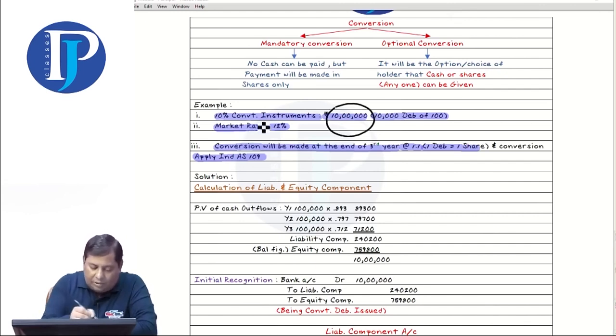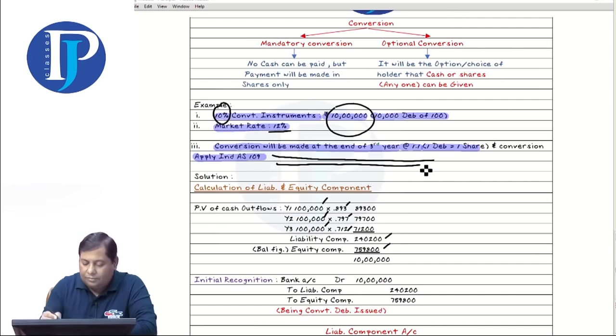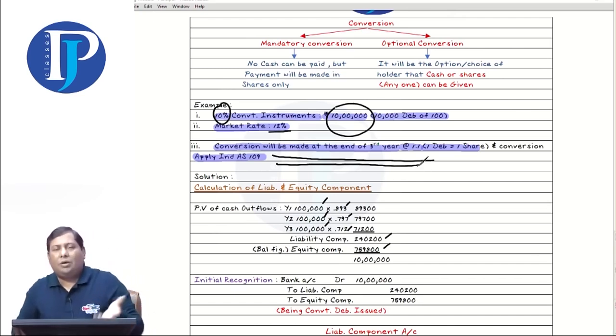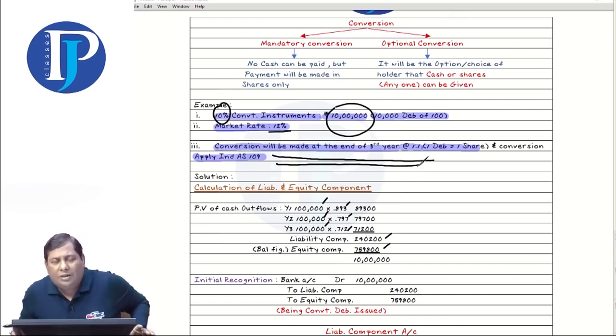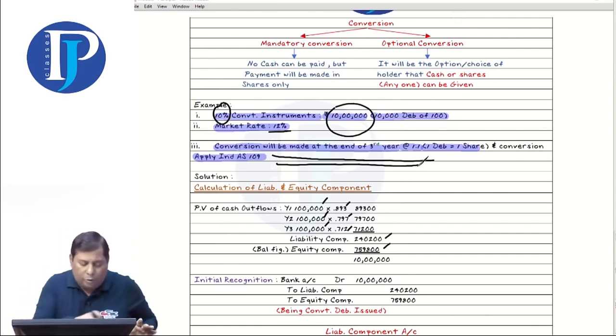So 10 lakh rupees at 10% is 1 lakh for the first, second and third year. And we discounted it at 12%. Here we have its liability and equity component. And optional conversion is not mentioned. If it is not optional conversion, we have taken it as mandatory conversion, as optional is not given. We can give cash and shares, but conversion is mandatory, hence the higher equity component.